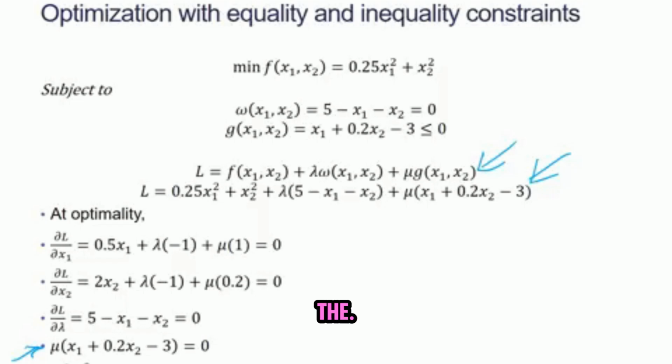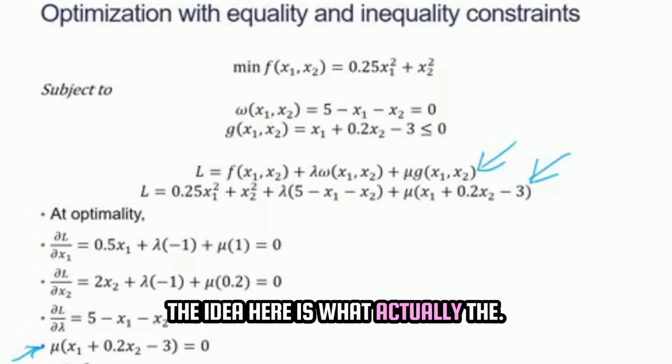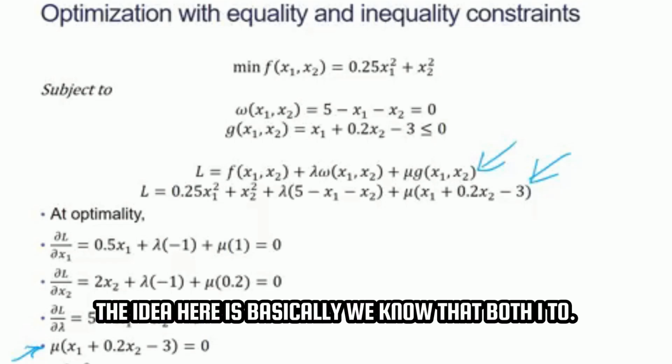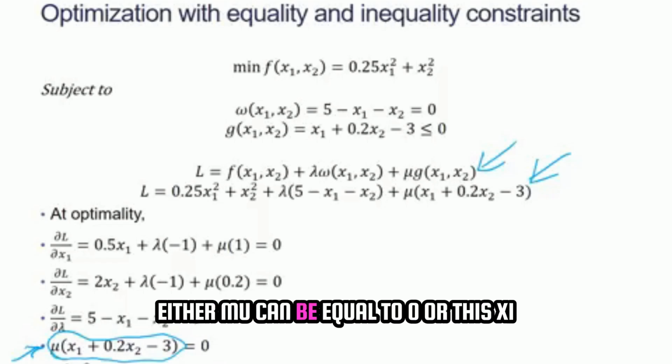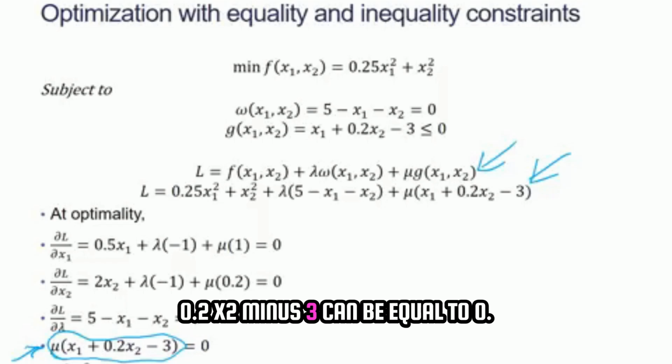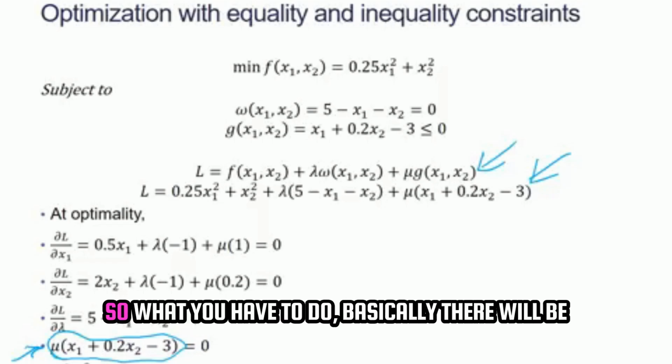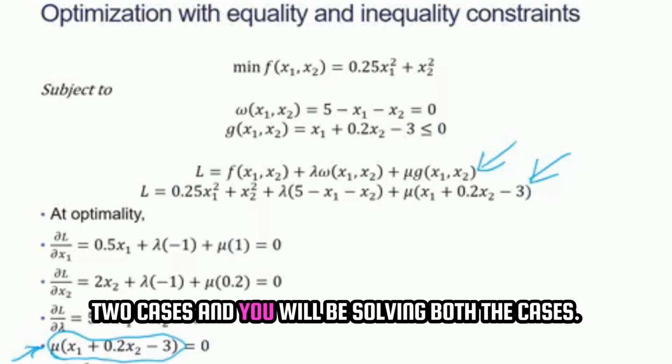The idea here, as the first person said, is that to make this equation equal to 0, either mu can be equal to 0 or x1 plus 0.2 x2 minus 3 can be equal to 0. Agreed? So there will be two cases and you will be solving both.